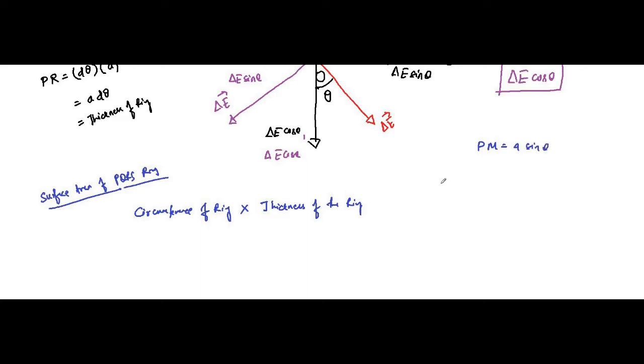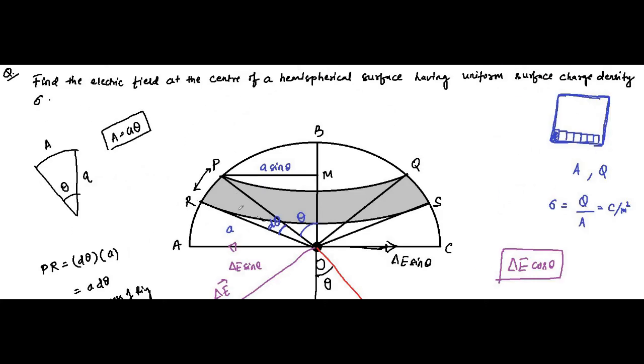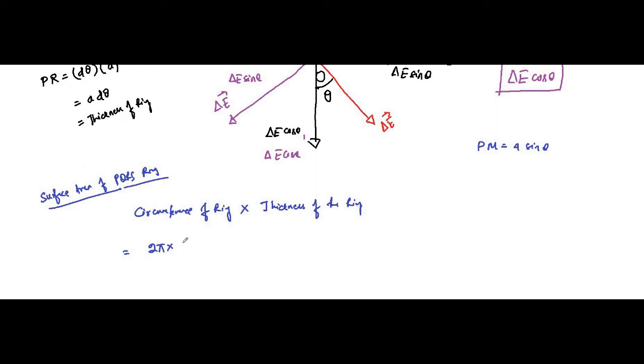And the circumference of the ring, we know circumference of a circle is 2 pi r, so here the circumference of the ring will be 2 pi multiplied with the radius of this ring shape structure, which is PM, 2 pi into PM, which is equal to 2 pi into A sin theta. Thickness of the ring we have already calculated, that is equal to A d theta.